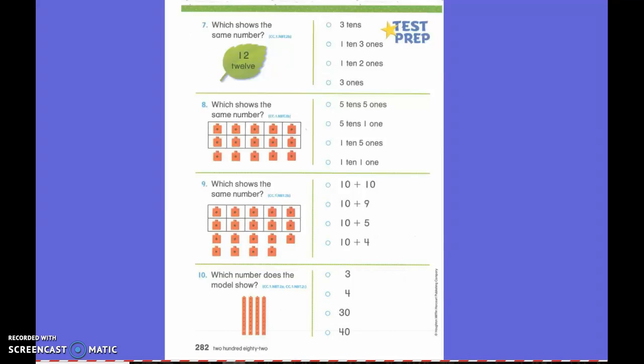We should know how many tens there are and how many extra ones we have. So you need to see which one shows how many tens and how many ones we have.